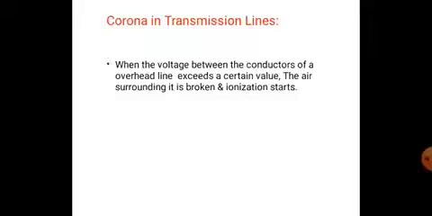Next, corona in transmission lines. When an overhead transmission line has large spacing in comparison with the diameter, and the alternating voltage applied exceeds a certain definite value, then the air surrounding the conductors is subjected to electrostatic stress and ionization starts.